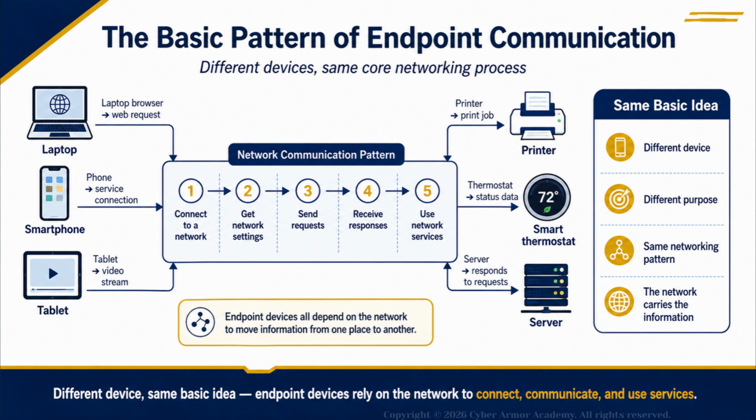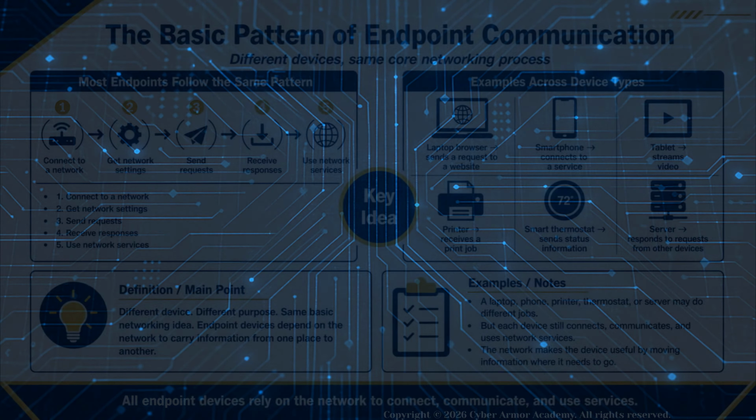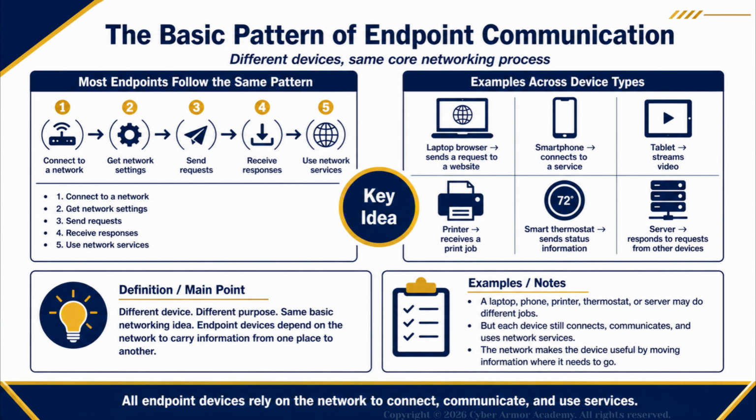At a beginner level, most endpoint devices follow the same basic pattern. They connect to a network, get network settings, send requests, receive responses, and use network services. That pattern shows up again and again. A browser on a laptop sends a request to a website. A phone connects to a service.